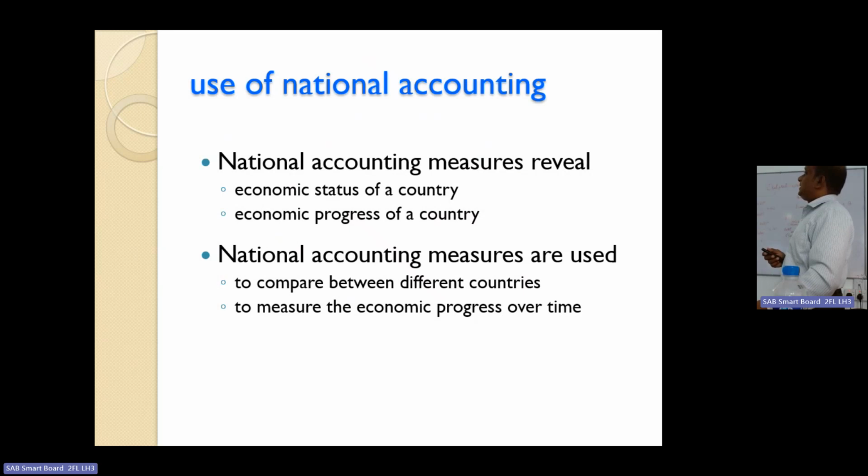Now we can use it for comparison with previous years, and we can analyze the development. What is the progress compared to the previous years, historically? And we can compare with other nations.